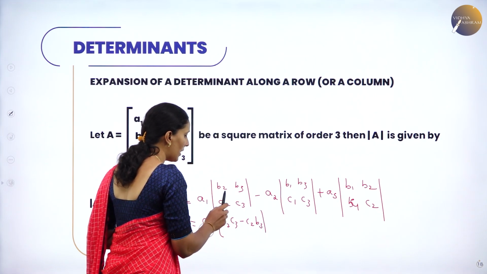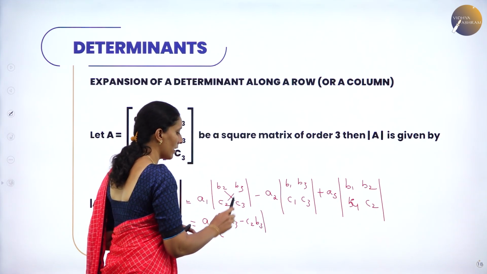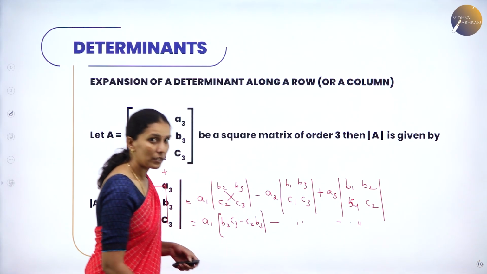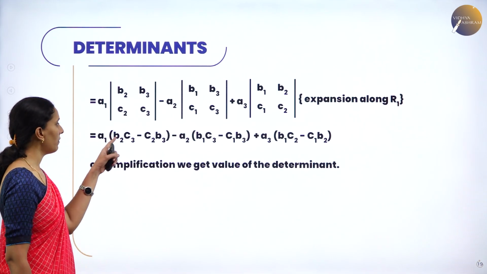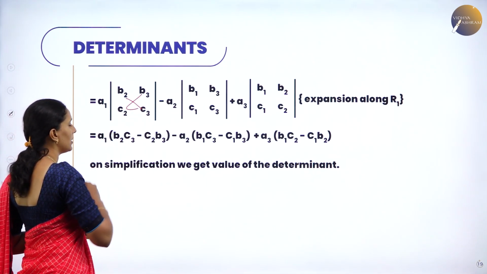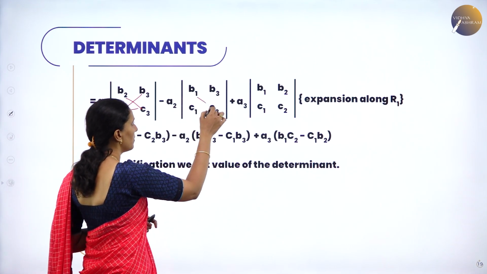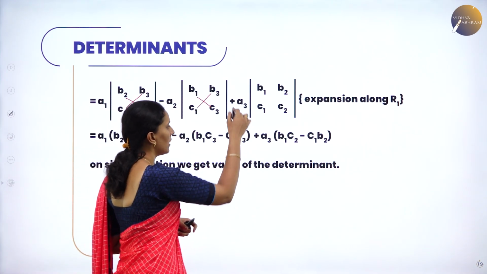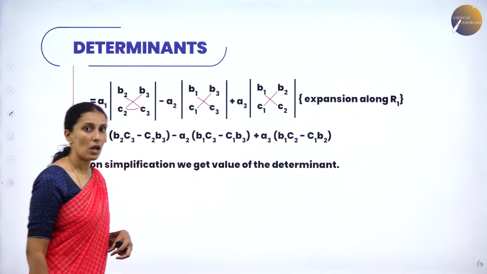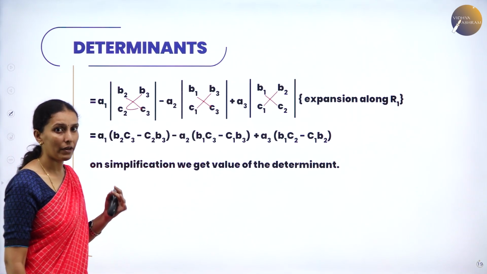You know that you multiply the principal diagonal minus the secondary diagonal. The same way we can do for the others. After simplifying, we get A1 (B2 C3 minus C2 B3) minus A2 (B1 C3 minus C1 B3) plus A3 (B1 C2 minus C1 B2). So this is how we are going to expand the given determinant.